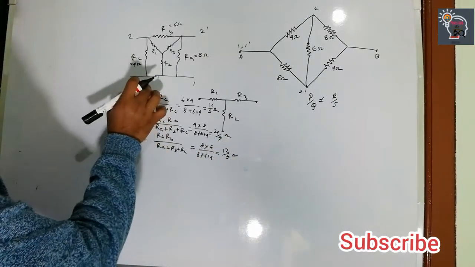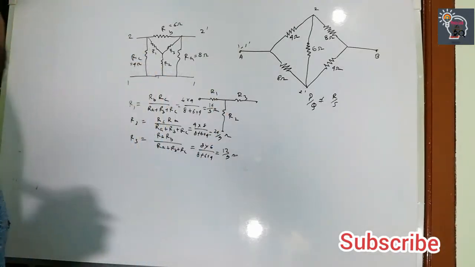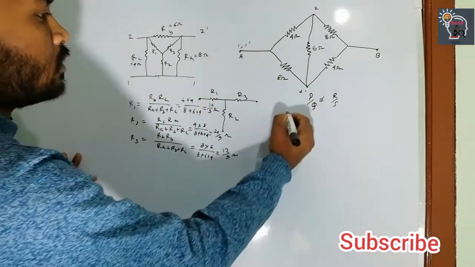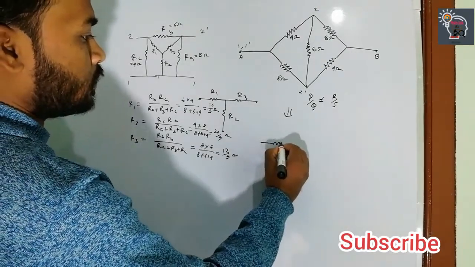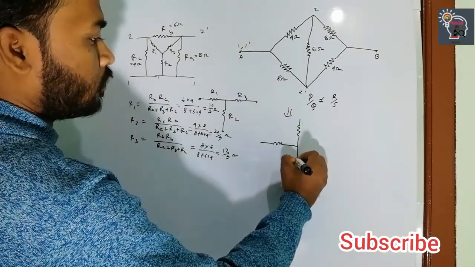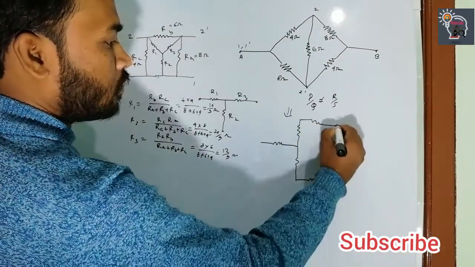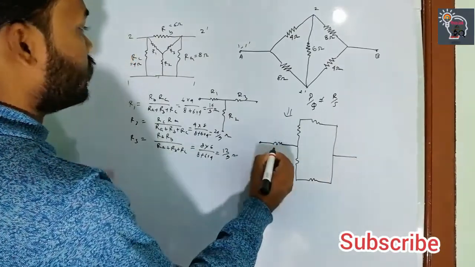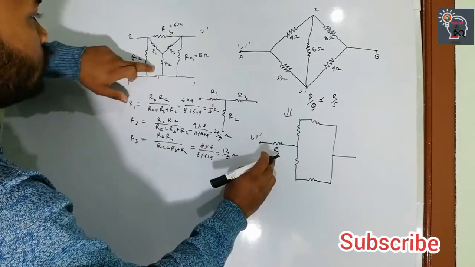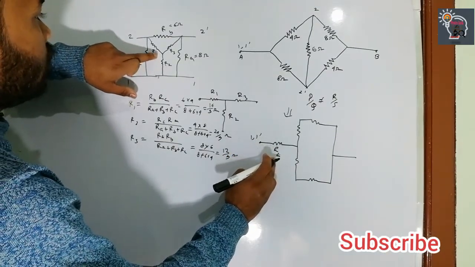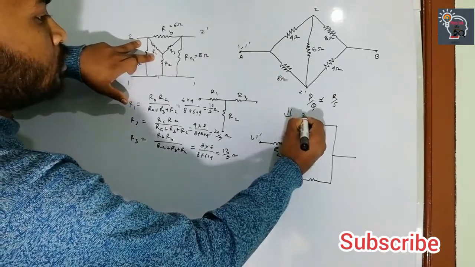So in between 2 and here, 1 and 1 dash are the same point. So this circuit may be drawn like this. This is our R2, 1 dash, R2, and after R2, R1 is connected in series to 2.